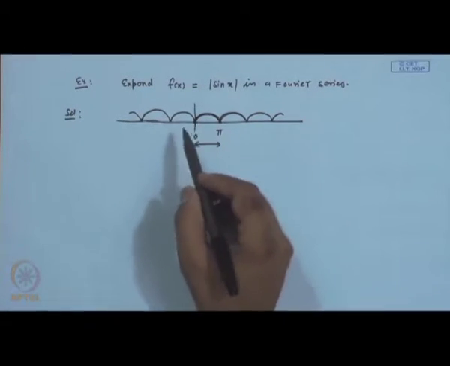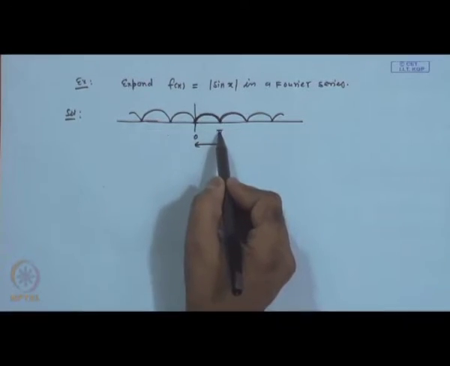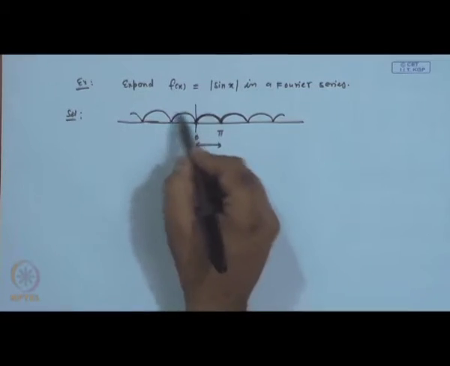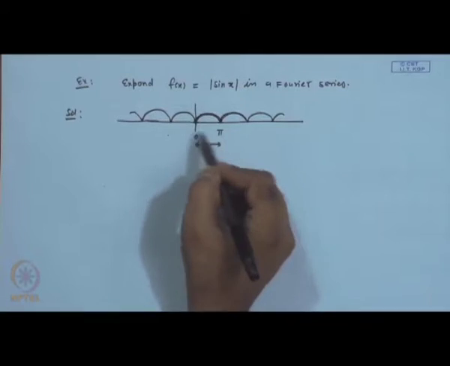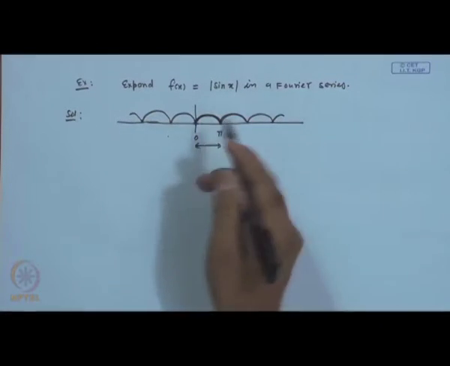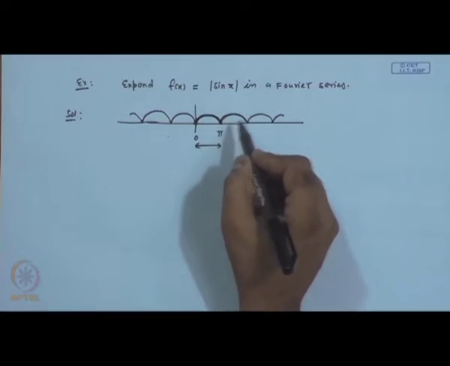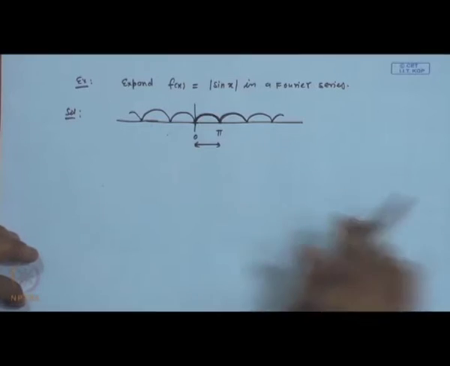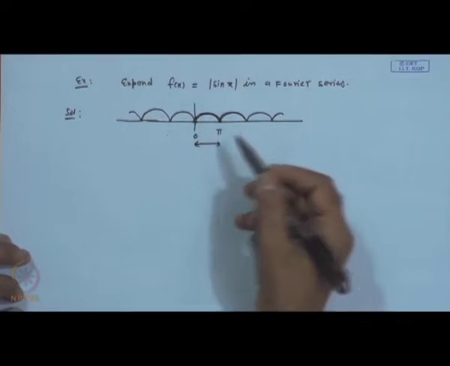Or the second possibility is the standard case: we take the interval minus pi to pi and consider 2 pi as its period, because after 2 pi also the function repeats its values. These two possibilities we will consider, and of course we will get the same series at the end.